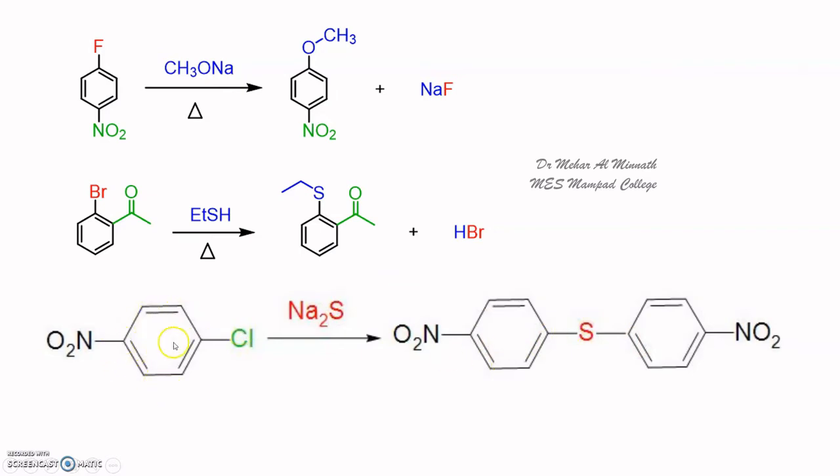First it will replace the chlorine on one molecule, and then it will attack another molecule, and so you get this product. In the earlier cases, the nucleophiles had only -1 as the charge on them.